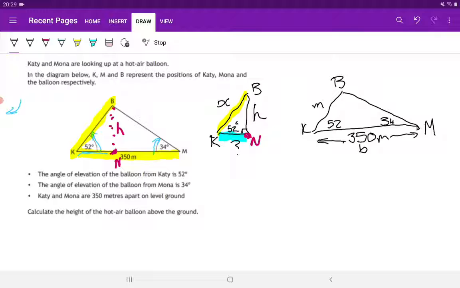And then 52 add 34 is 86, so if we take that away from 180, we know this one is 94.